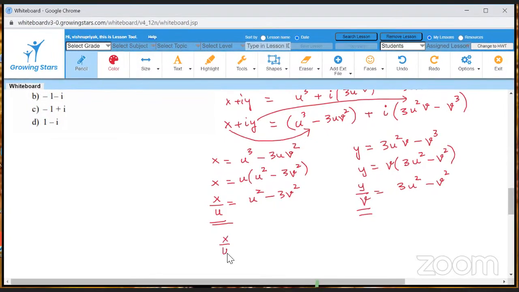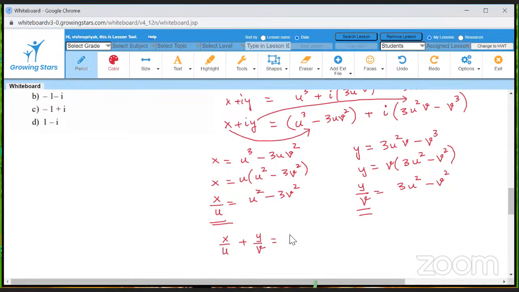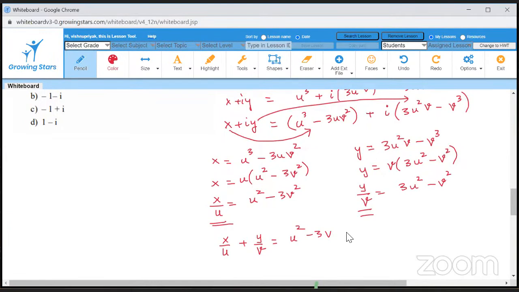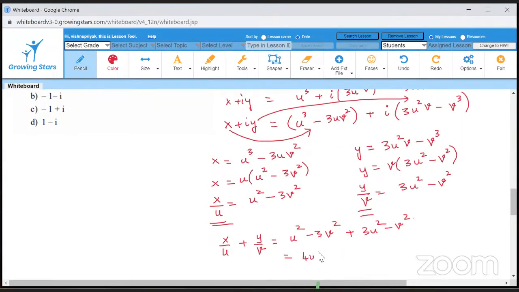First, I will add X by U and Y by V and see. If I add, what will I get? U square minus 3V square and 3U square minus V square, I'm adding. So I'm getting 4U square minus 4V square.